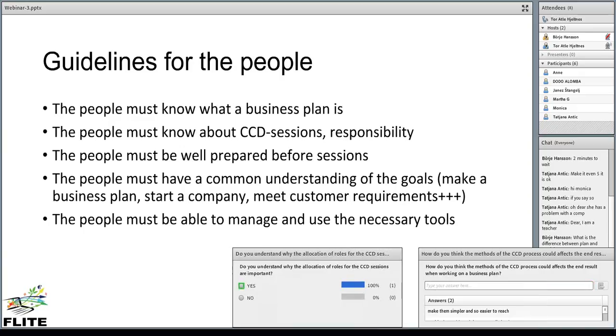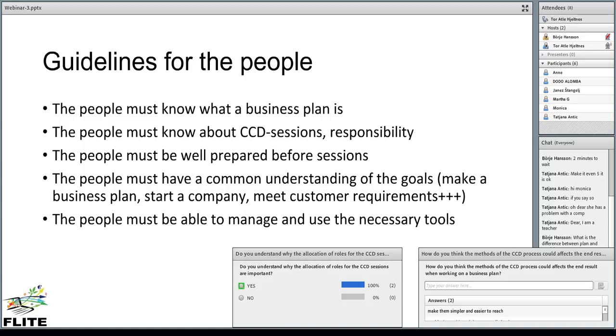When it comes to theory about business plan, CCD, and Osterwalder, you will get this from the course. When it comes to preparation, this is something you need to do by yourself. When it comes to having a common understanding, it means that you need to talk together and you need to get things down into writing also.